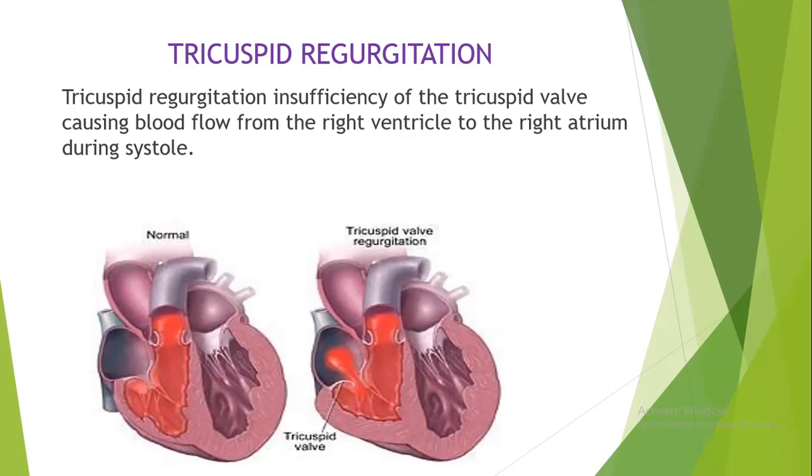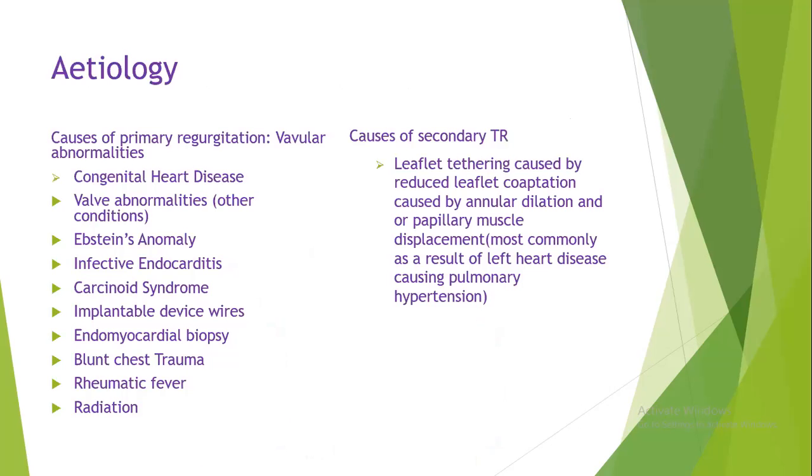Tricuspid regurgitation is insufficiency of the tricuspid valve causing backflow from the right ventricle to the right atrium during systolic pressure. Causes of primary regurgitation, valvular abnormalities: you will have congenital heart disease, valve abnormalities, and other conditions.